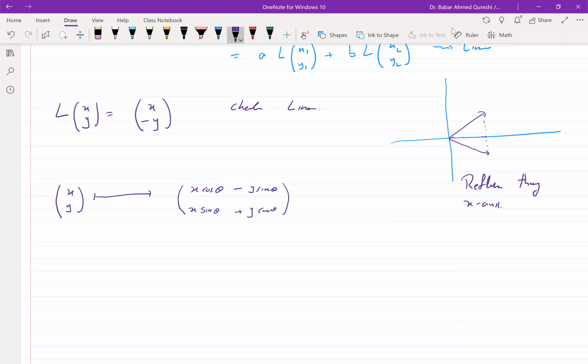This is rotation by, if you have this vector, you rotate it by an angle theta, the components of the new vectors will be given by this. This is rotation. And again, I'm not going to do it, but you can check it is linear.